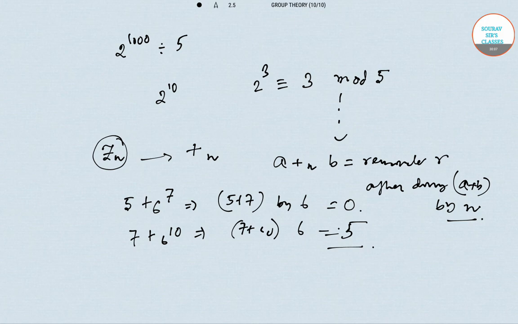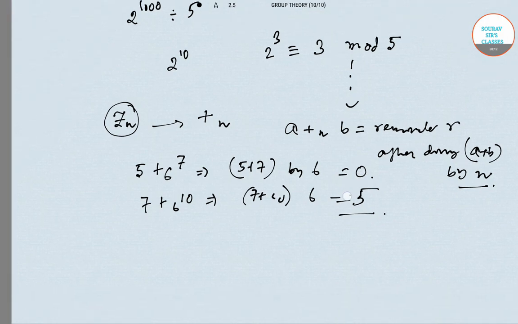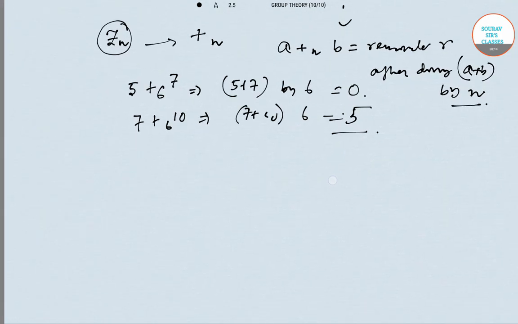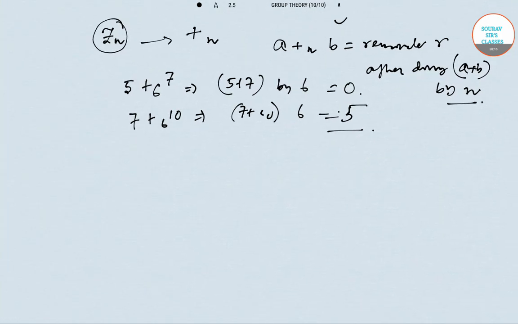So modular arithmetic will play a very, very important role. In this structural pattern, plus with subscript n is called addition modulo n. It is a binary operation on Z. Hence, this is a groupoid.